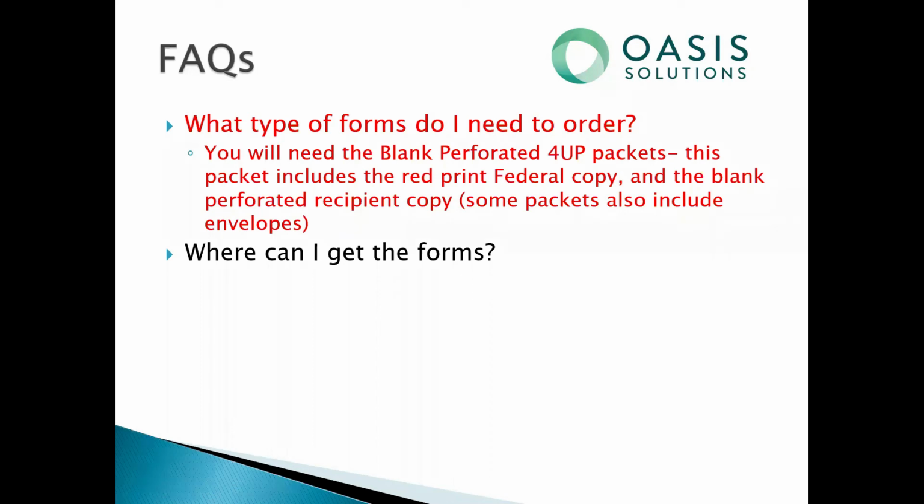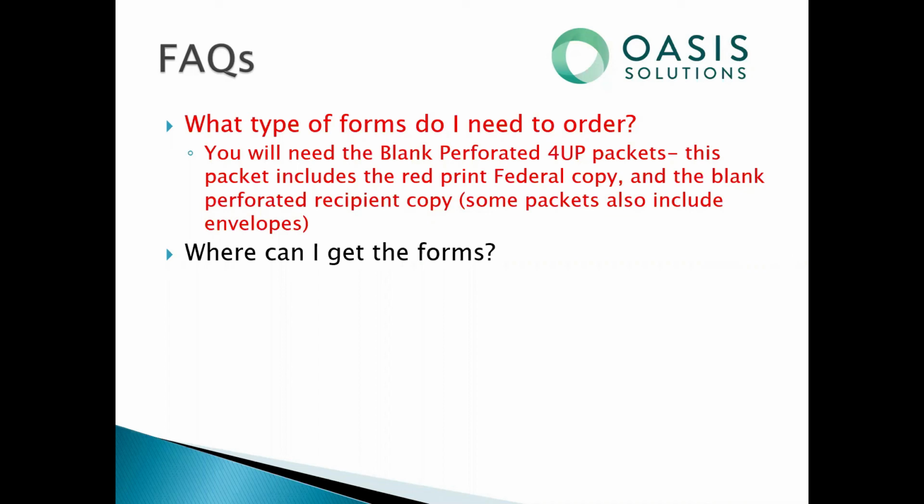If you're getting the 4-up form packets that have the pre-printed back but a blank front, you will have to purchase forms for the 1099 NEC as well as the 1099 miscellaneous if you are required to do both, if that makes sense.